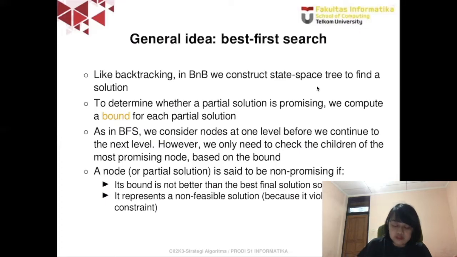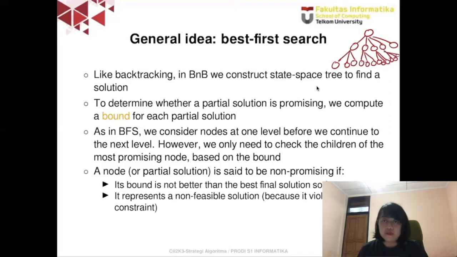So if you have a root node like this, you will start with all children of the root, right? After you check all of the children, you then continue to the next level by checking all children of each parent in the first level, like this.